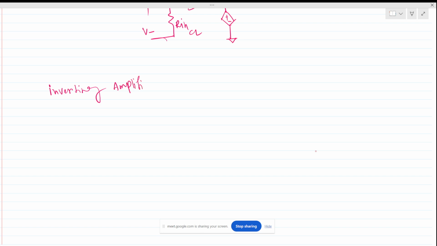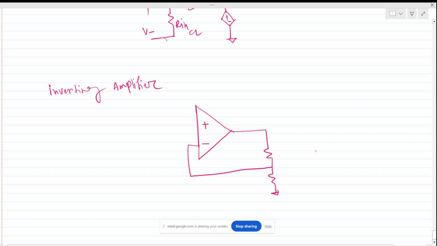The topology will be the same, and there is negative feedback. Feedback must always be negative so that it can act as an amplifier. If there is positive feedback, it will try to oscillate and will not be an amplifier anymore.